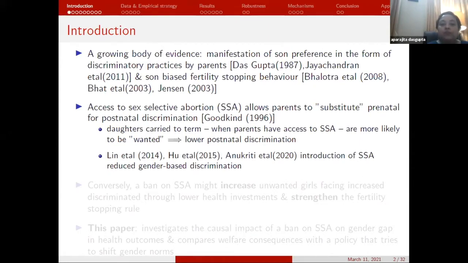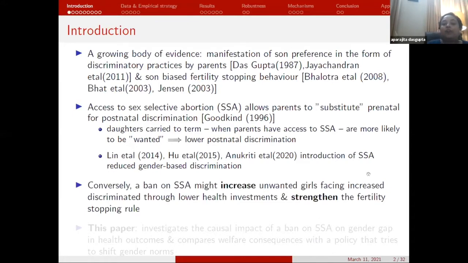So the analogous argument is that a ban on this technology of sex selective abortion might increase unwanted girls who would face increased discrimination in the form of lower health investments, and also through the channel of fertility stopping rule, where parents may want to bear a child until they have a son because now the sex selective abortion technique is absent.